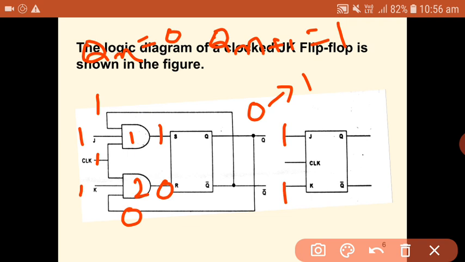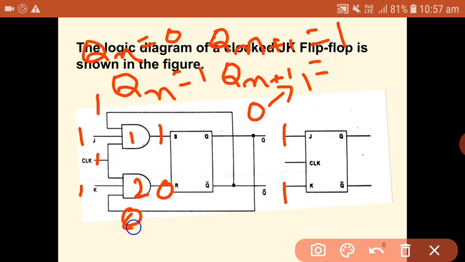Now let us assume Qn is equal to 1 now, and after assuming Qn is equal to 1, we need to find out what will be Qn+1. So let us say Qn is equal to 1.